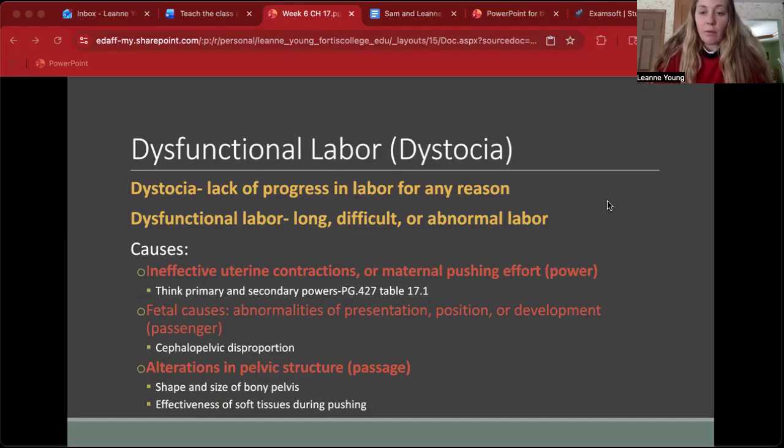Is it not descending through the vaginal canal effectively because of cephalopelvic disproportion? Alterations in pelvic structure, so think about our passage, the shape and size of the bony pelvis, effectiveness of soft tissues during pushing. All of the things that we had mentioned with our 5 Ps of labor come into play when we talk about dystocia of labor.